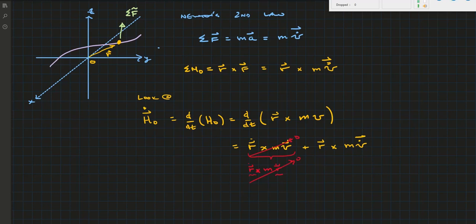So that means then that H0 dot, the rate of change of our angular momentum, is just R cross M V dot.